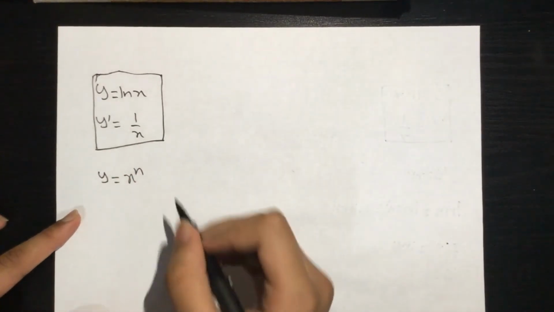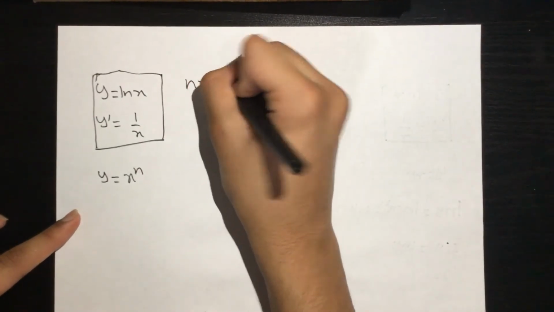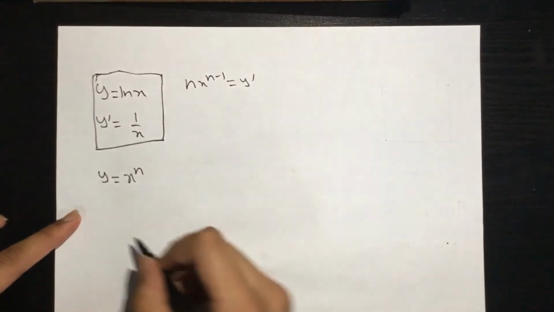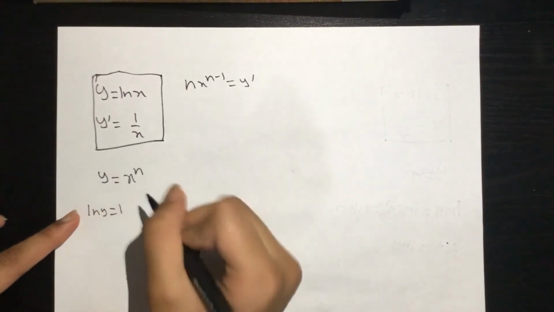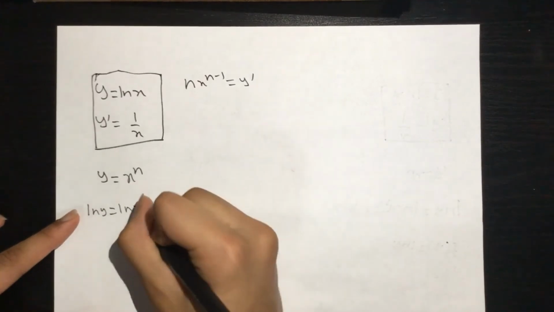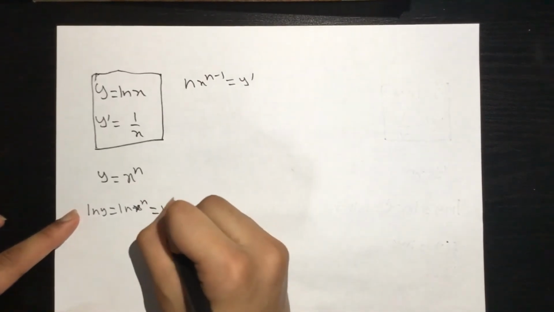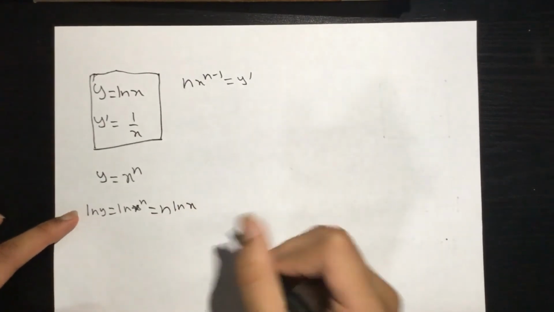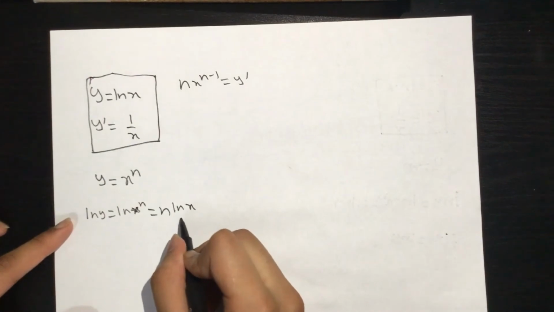And we have to get, finally, to y prime equals nx to the n minus 1. Well, first, we would take ln y equals ln x to the n. We would take the natural logarithm of both sides. Now this just equals n ln x. And then we differentiate both sides with respect to x.